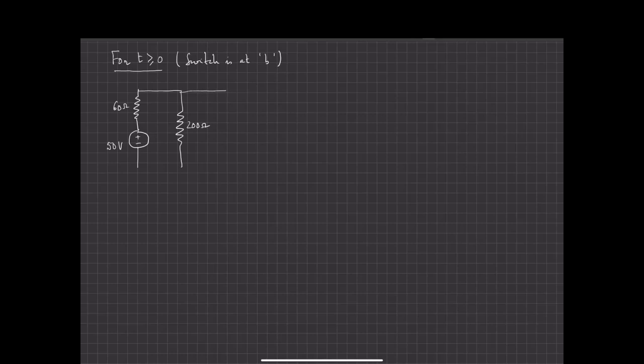Okay, and I have a 50 ohm resistor, and I have the 0.05 farad capacitor, and this is the voltage VC of t that I wish to determine.